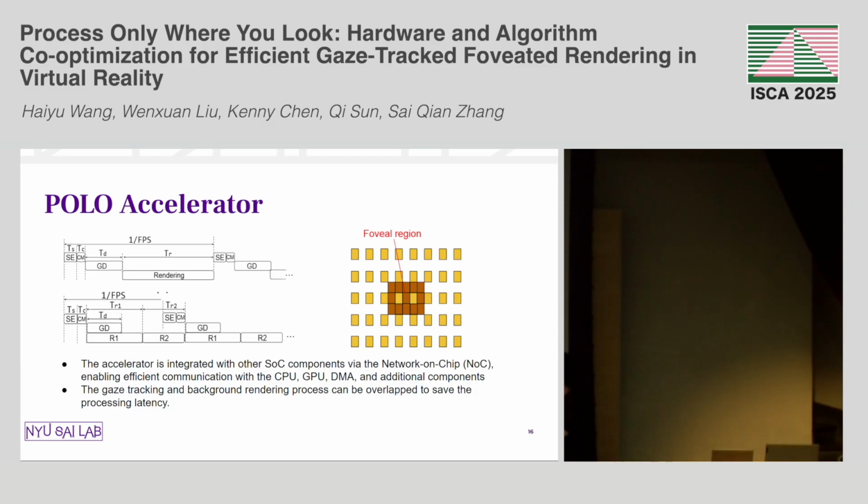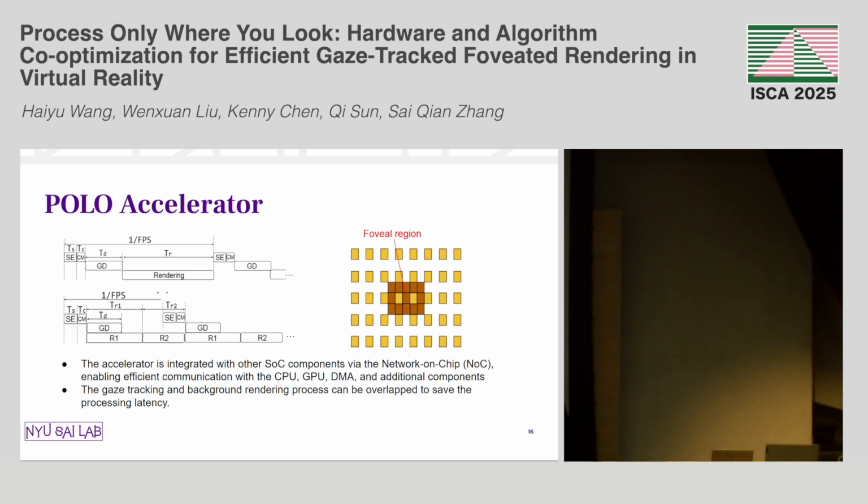The traditional scheme consists of 4 stages: sensing the eye input image, transferring this eye input image to the backend SoC, and performing this gaze detection, GD, and rendering. However, we can pipeline this by making the rendering of the last frame happen in parallel with the sensing of the next frame.